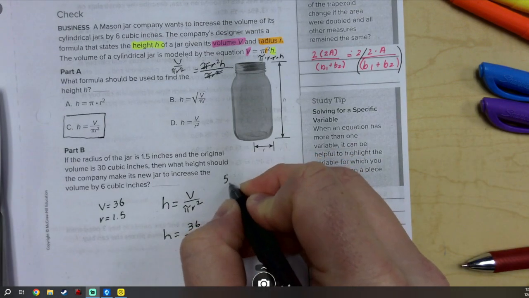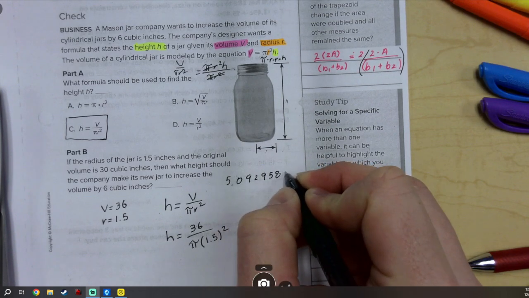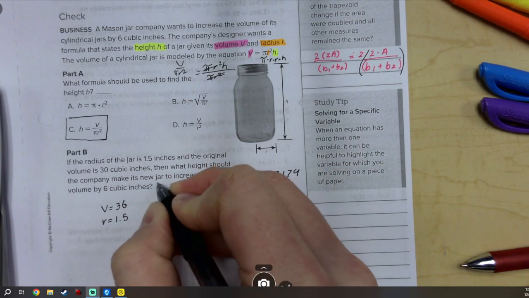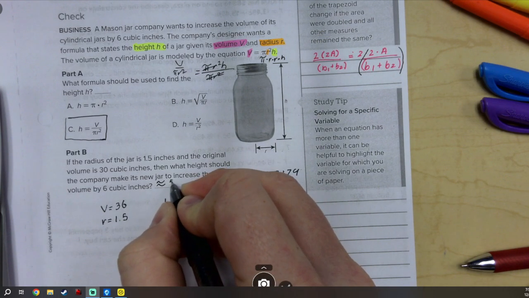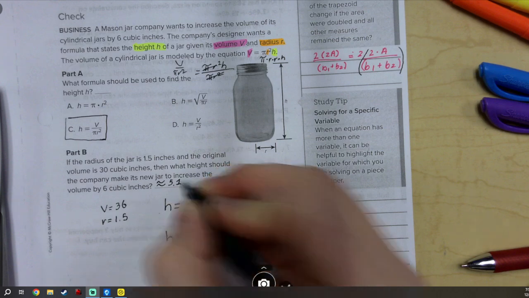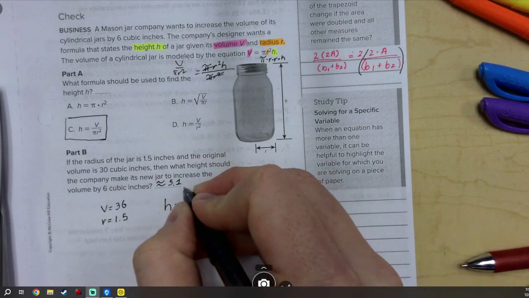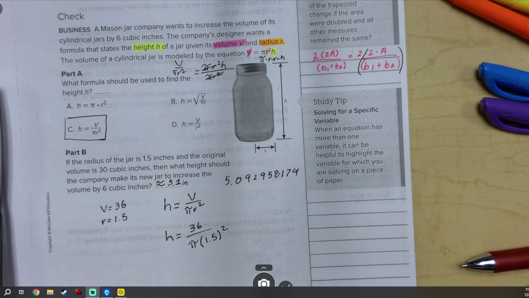So we got 5.092958179. So we're going to say approximately 5.1 is our new height.